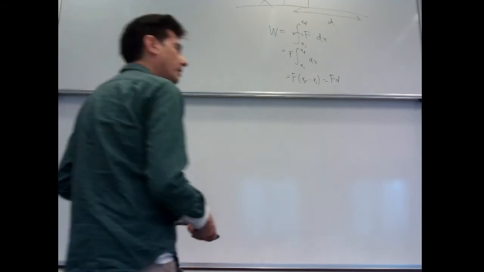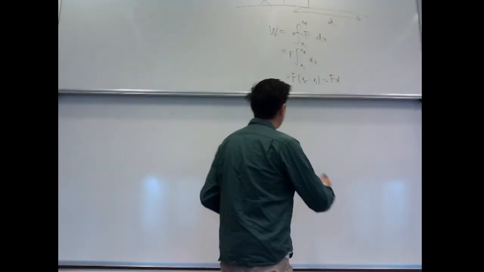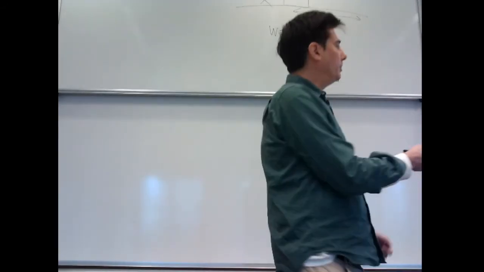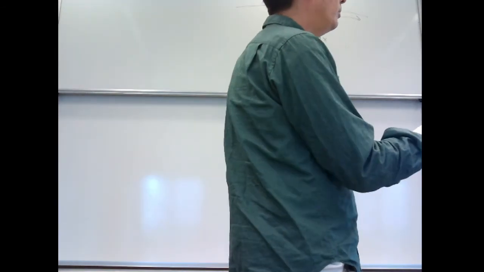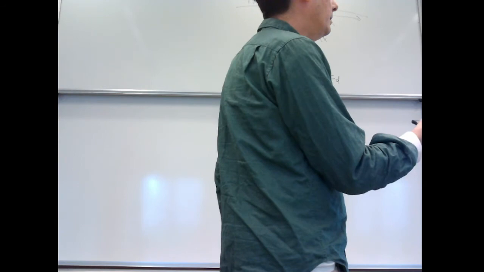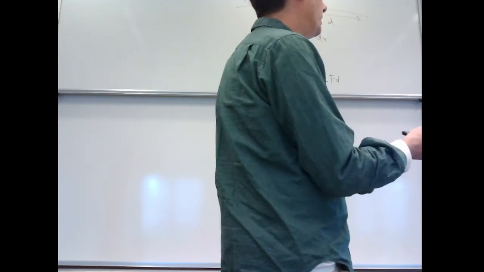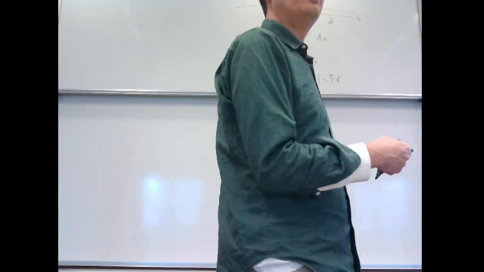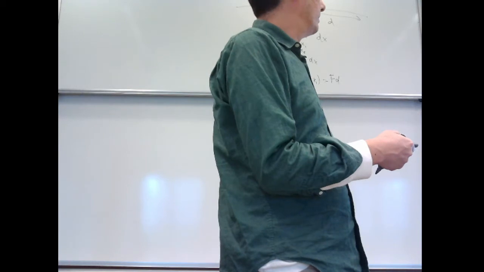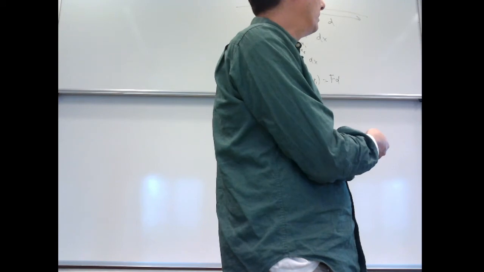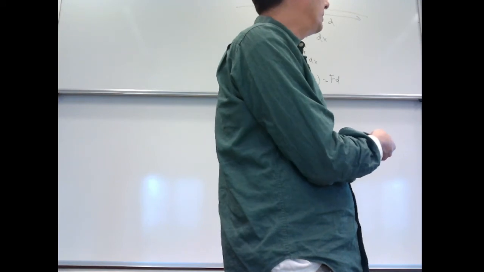Now, let's go through the formulas. Let's write down the formulas for the work done by Steady Bob in this situation. Steady Bob is applying force F, and Crazy Bob is applying some force function Fc of x.